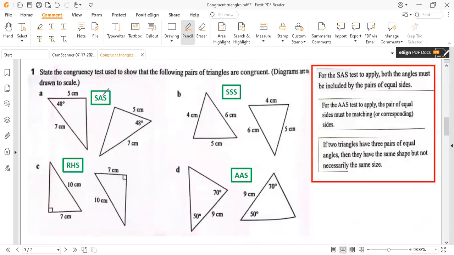If they ask us to state the congruency test used to show that the following pairs of triangles are congruent, for example: side, angle, side, and the angle is included, so good, SAS. Three sides and three sides, SSS.